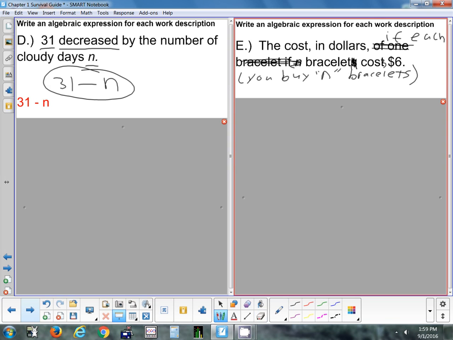Just $6. What about if you bought two bracelets? You have to take 6 and double it, times 2. What if you bought 3 bracelets? 18. It would be 6 times 3. What if you bought n bracelets? What would the cost be there? Yeah, it would be 6n.